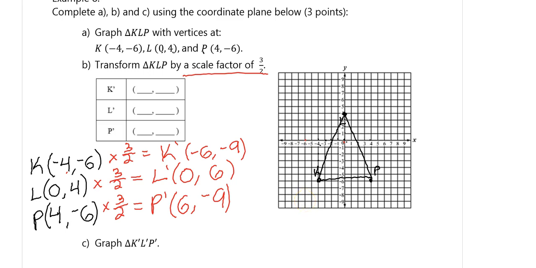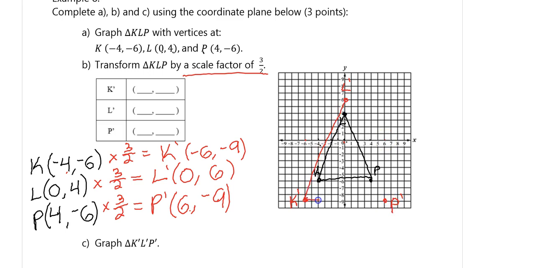That's going to give us K prime. Zero, 6 will give us L prime. And 6, negative 9, so positive 6, negative 9 gives us P prime.